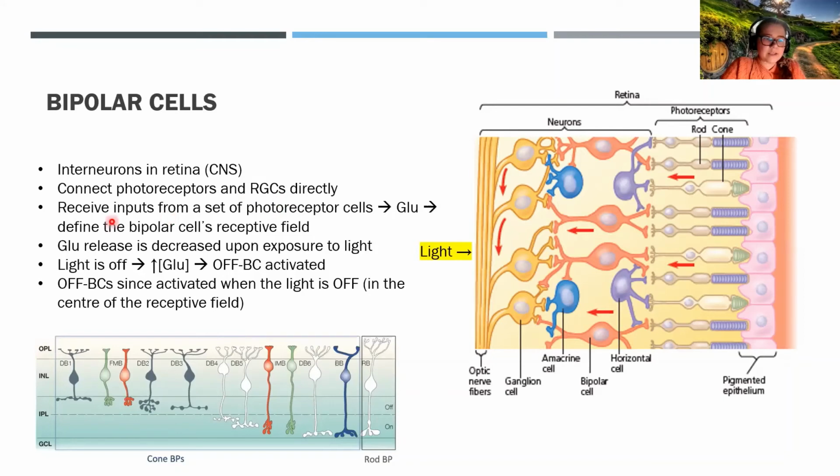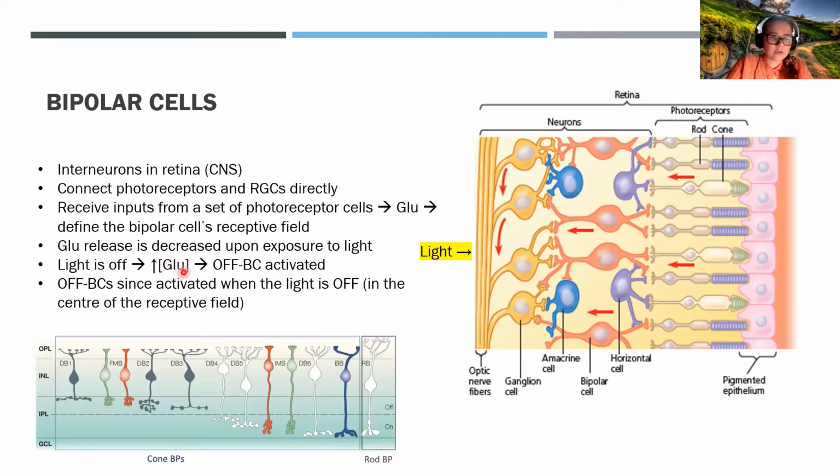And they receive inputs from a set of photoreceptor cells when glutamate is released, and this defines the bipolar cell's receptive field. Now, glutamate release is decreased upon exposure to light. So after the light is off, we have darkness.